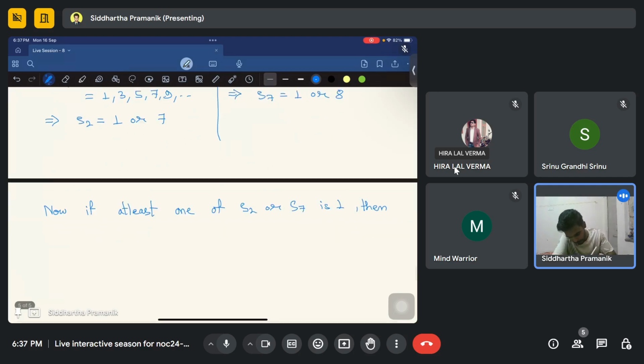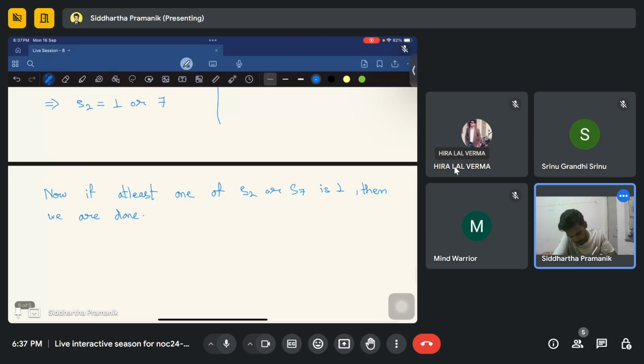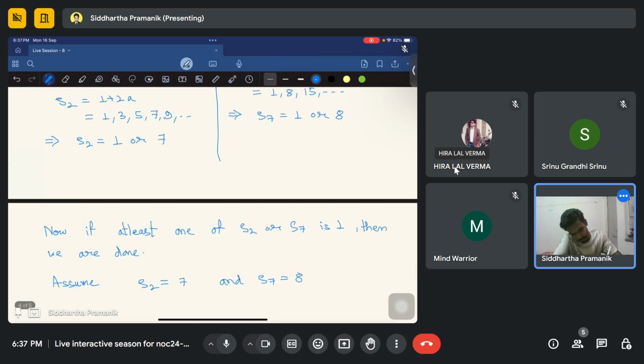So then we are done. Okay, so assume S2 is 7 and S7 is 8, which means the previous case is not happening. We are assuming that. So then what happens?